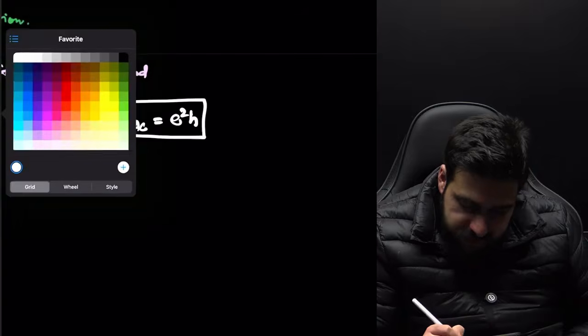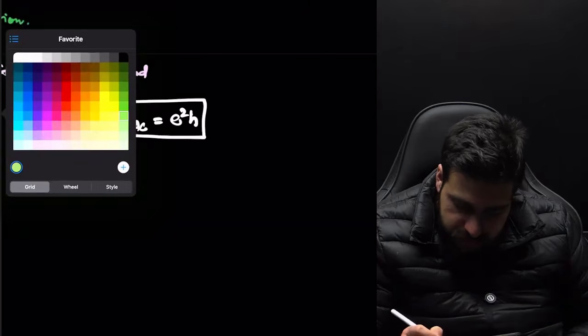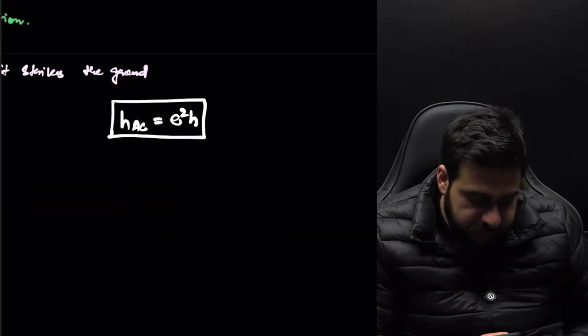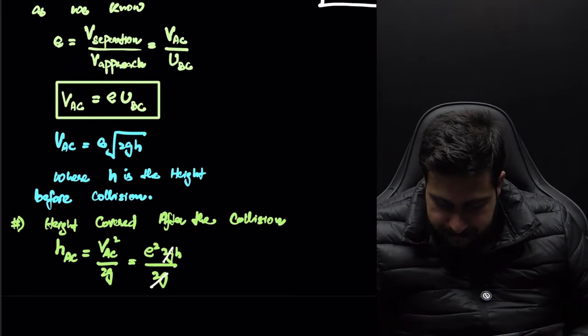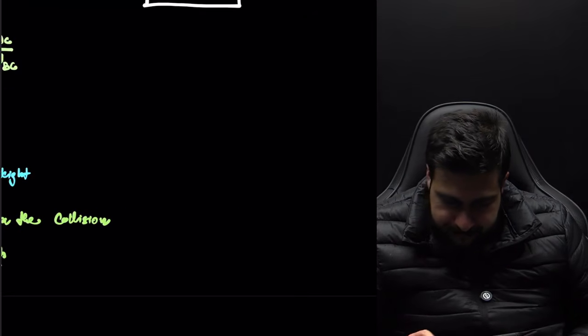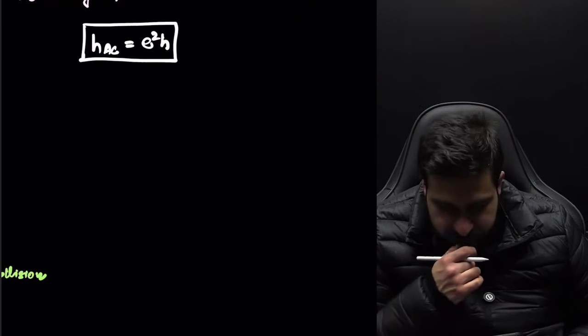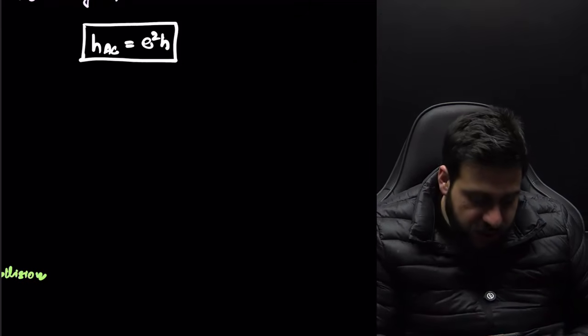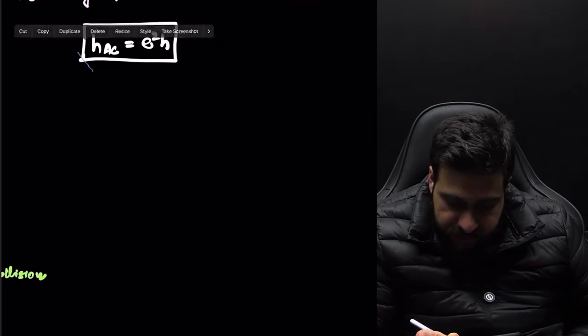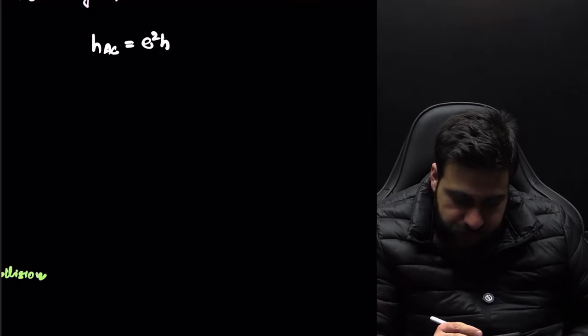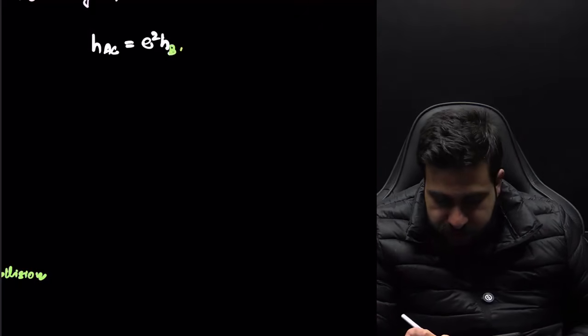Now, my dear NEET aspirants, what I'm trying to say is that this is the height after the collision, E square into h. And what is this h? h is the height before collision. So it is better to write it like this: height before collision.